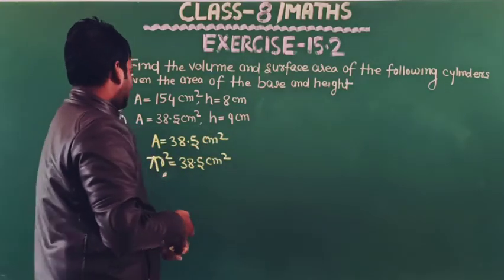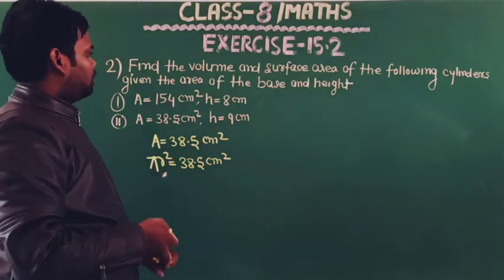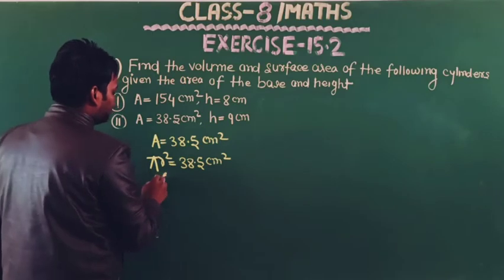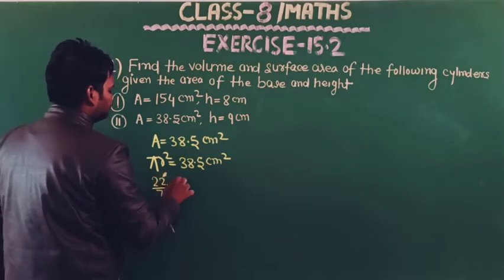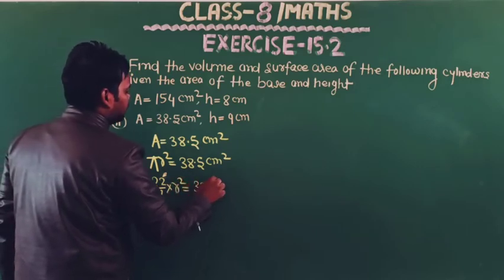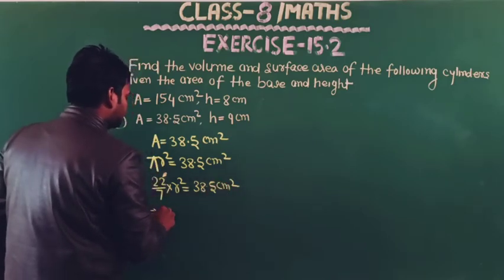Same as before, first I will find the radius of the base of the cylinder. We substitute the value of pi, which is 22 by 7, into r square equals 38.5 centimeter square.